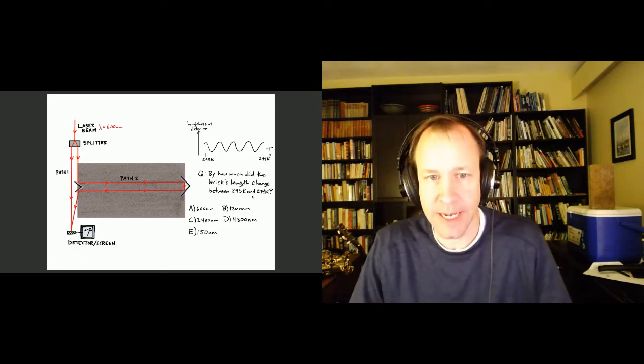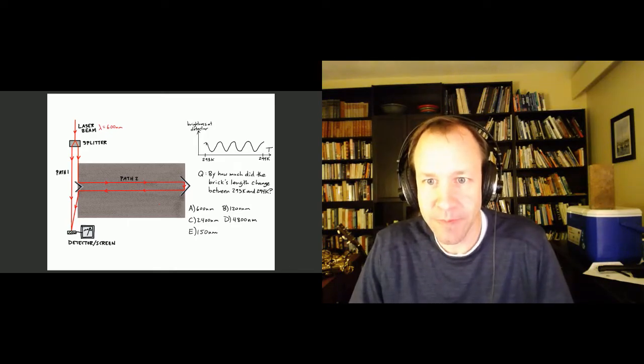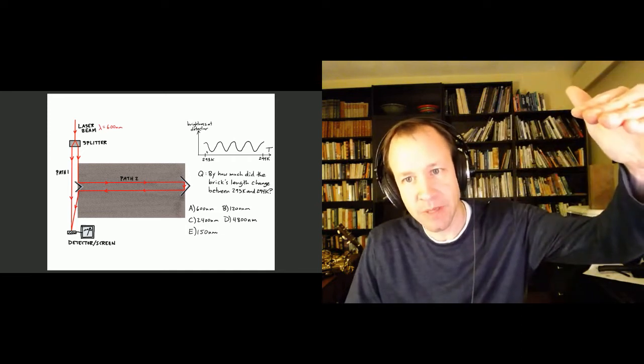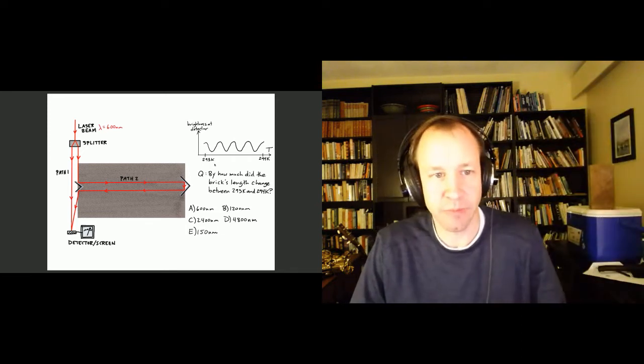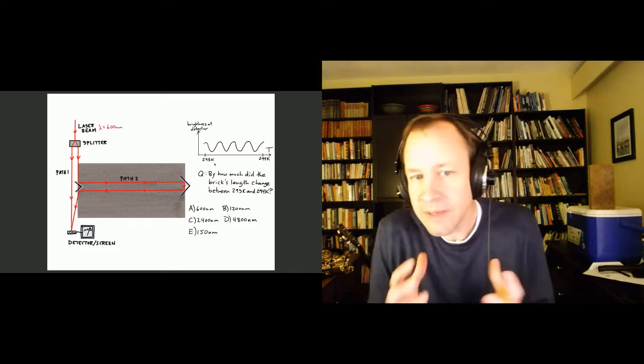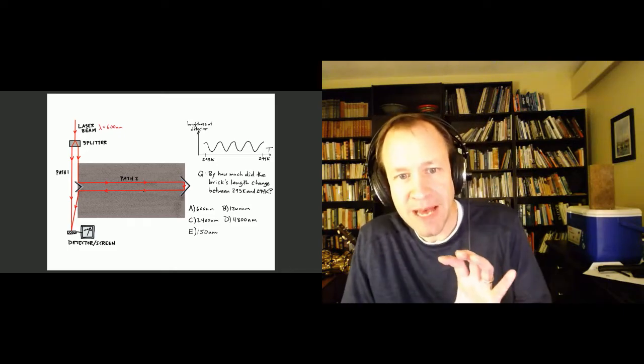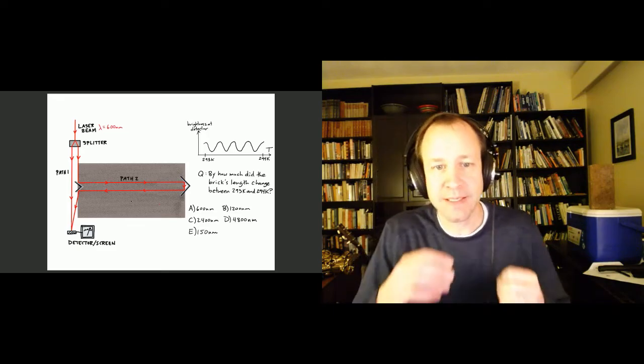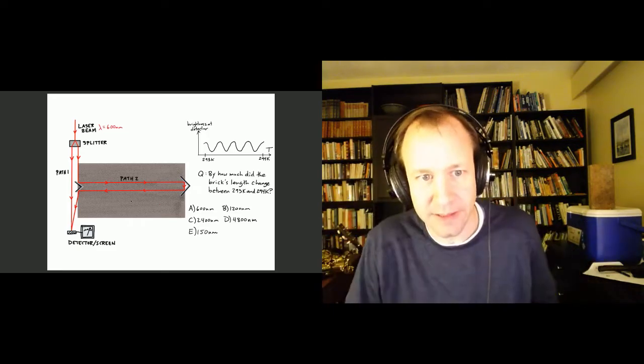Let's talk about it now. What happens when we go from this point where you have the maximum brightness to the next point where you have the maximum brightness? It must mean that the path length difference between path 2 and path 1 is some multiple of a wavelength. We don't know which multiple.